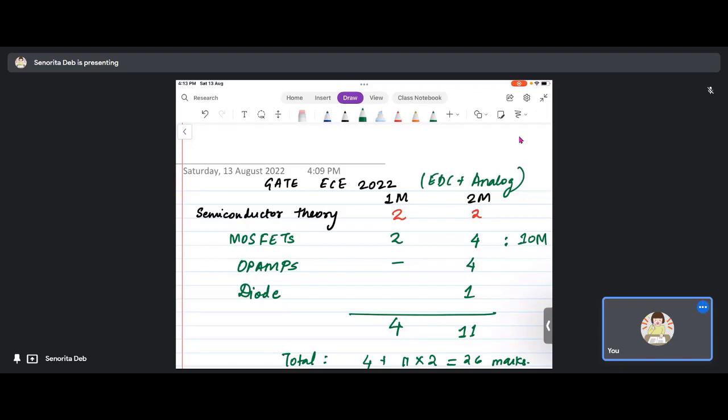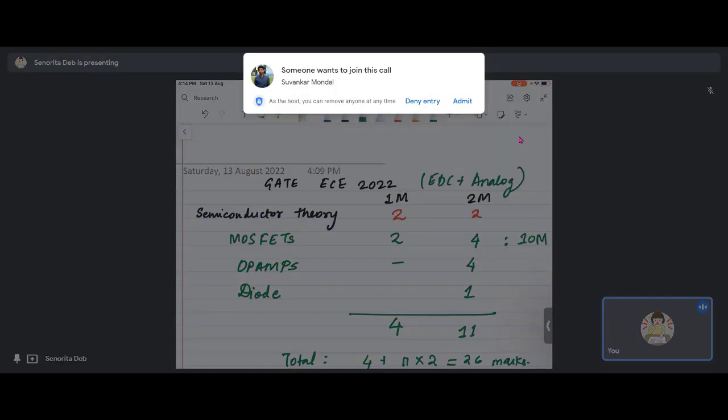Okay, so I'll start with the subject, because most of the students have this question: what textbook to refer to, from where do I practice. These kinds of questions are always there. So do you want me to take these general questions now, or do you want me to solve some problems first and then take the general questions?